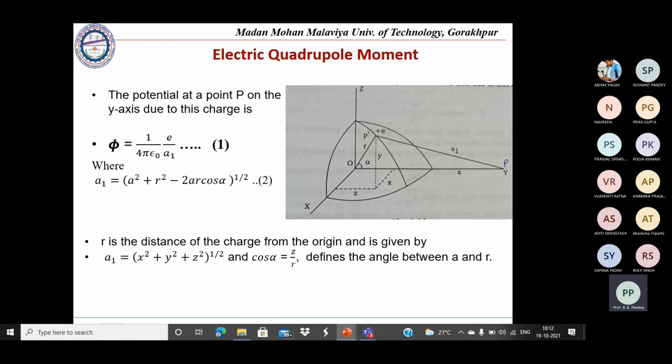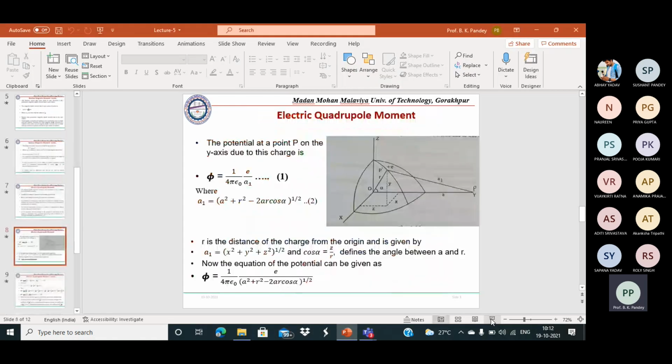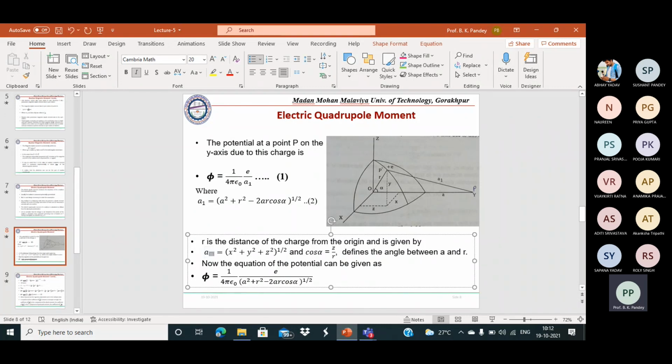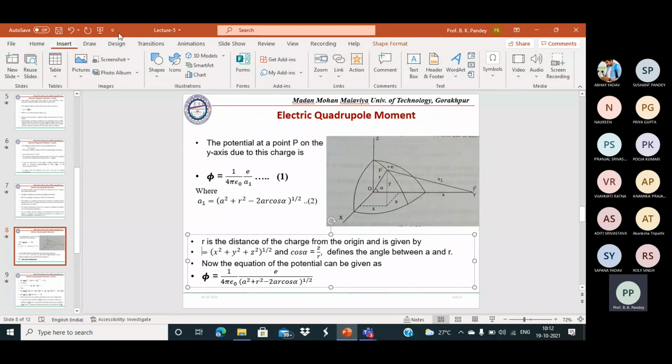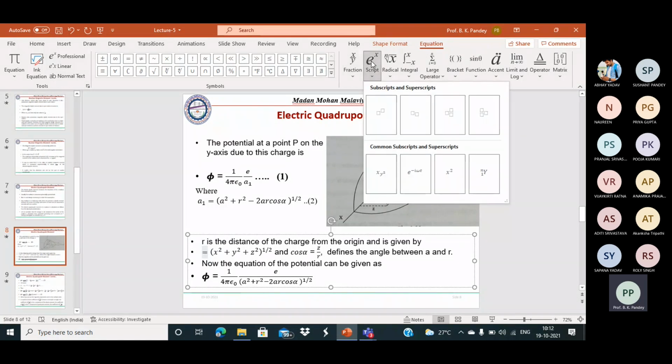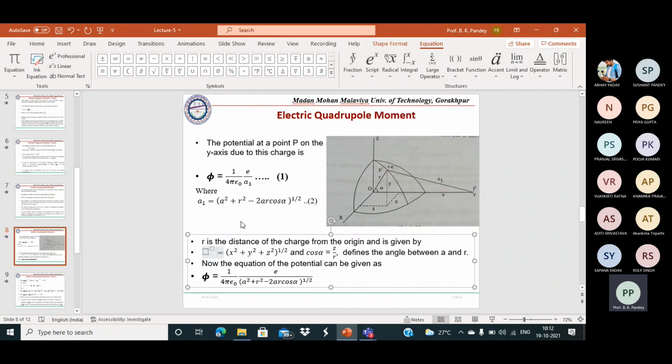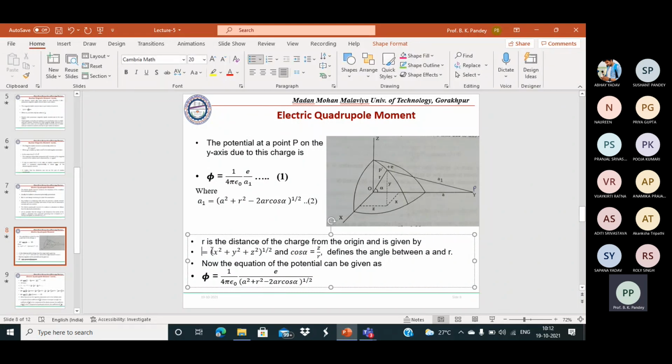Here a little mistake was written; I should have corrected it before coming to you, but I did not. This will be our R, but in place of R we have to insert the mathematical formula. We need not write it, only R, because already I have taken the root on the other side.